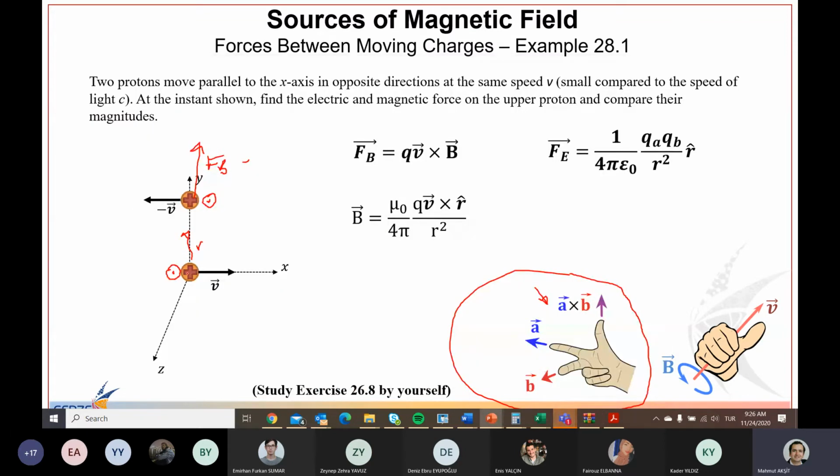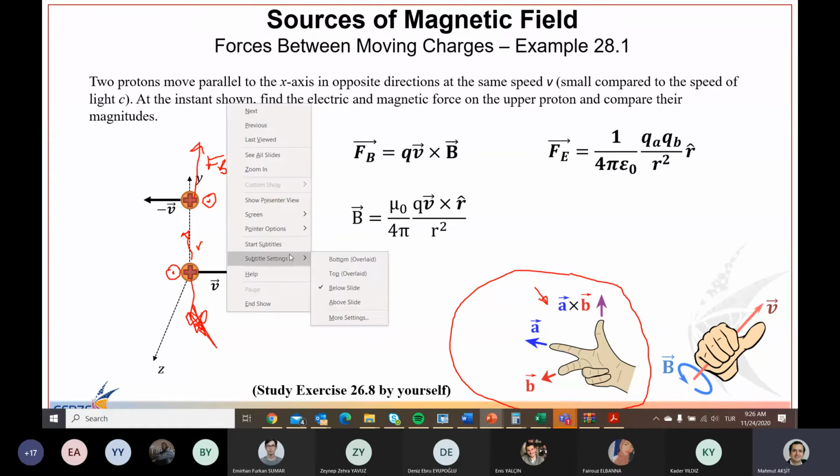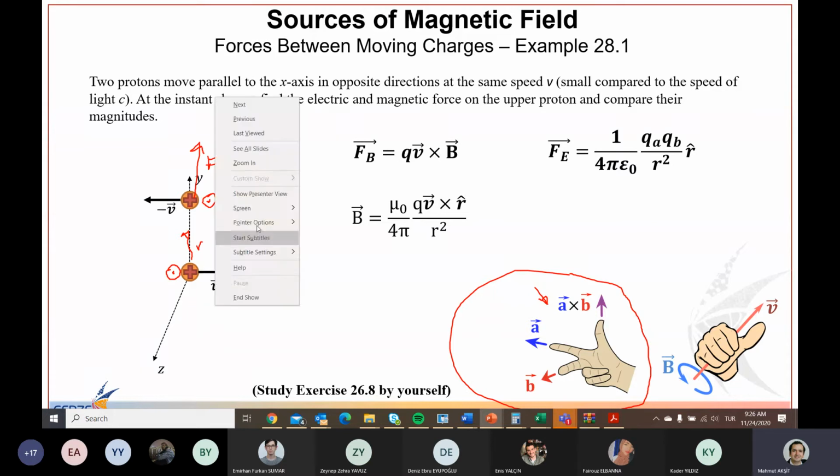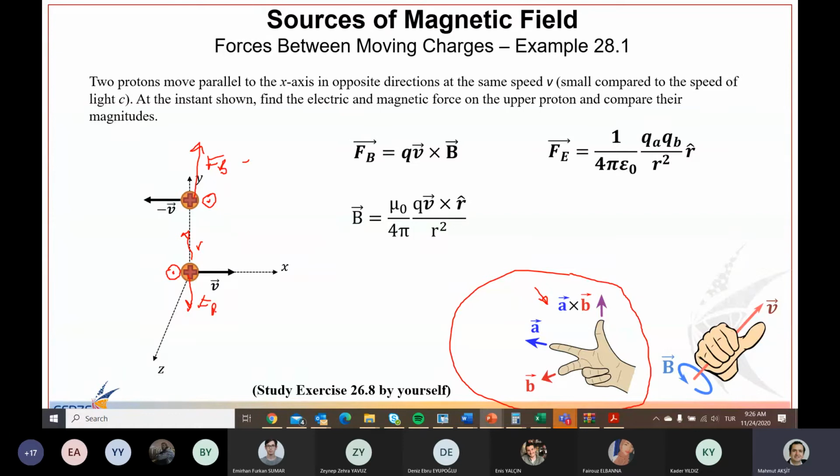For this one as well, the magnetic field is your middle finger. The velocity vector is A, so your thumb is showing downwards, and this is the FB.